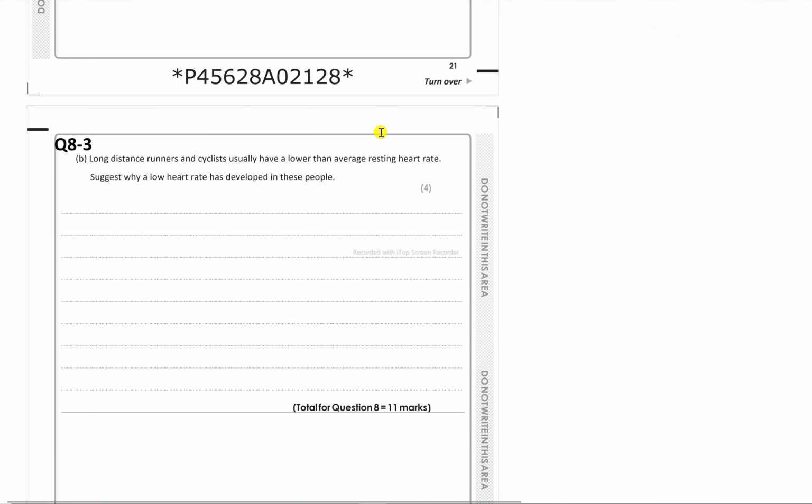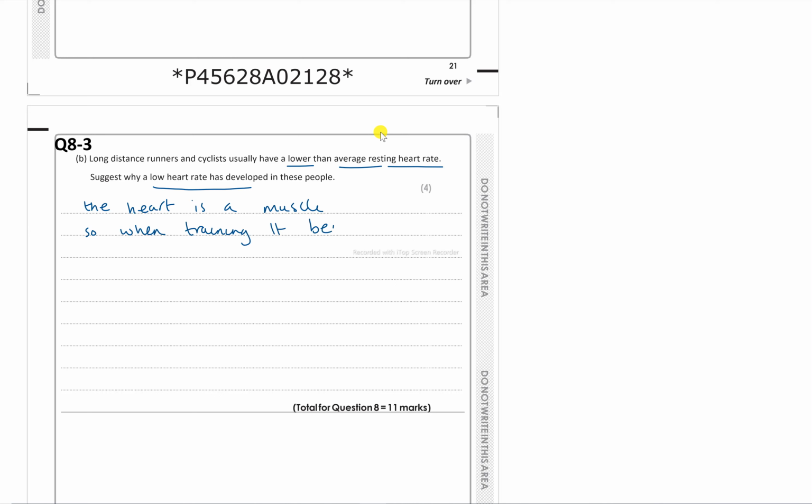Let's move on. Long distance runners and cyclists have a lower than average resting heart rate. Why has it developed in these people? Right, okay. The heart is a muscle. So when training, it becomes stronger.